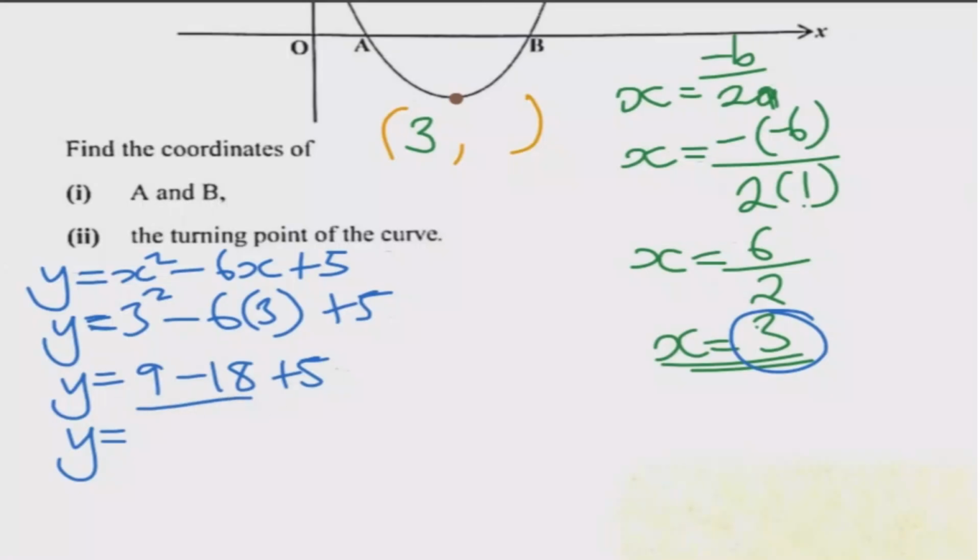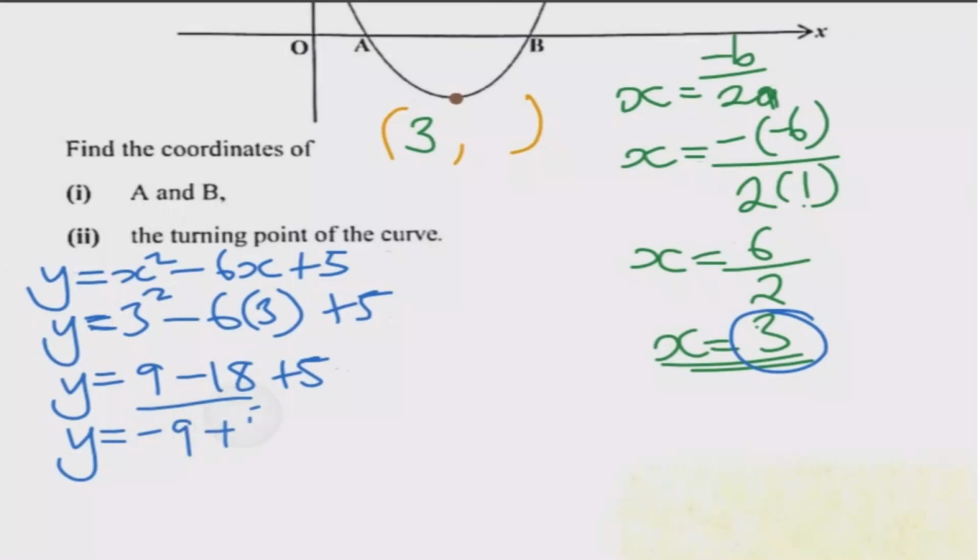So 9 minus 18. We know that 18 is bigger than 9, without considering the signs, whether negative or positive; we just look at the numbers. So we maintain the sign of the bigger number, which is negative. Then we find the difference of 18 and 9, which is 9.